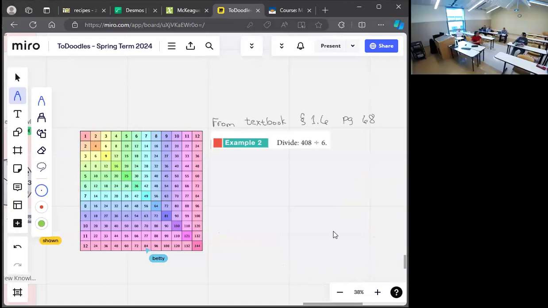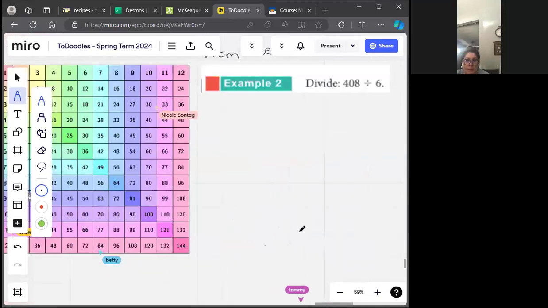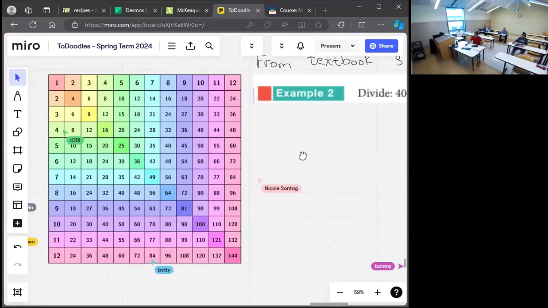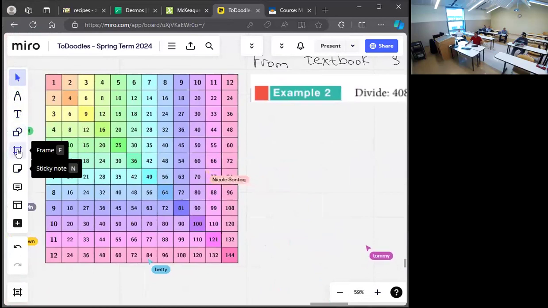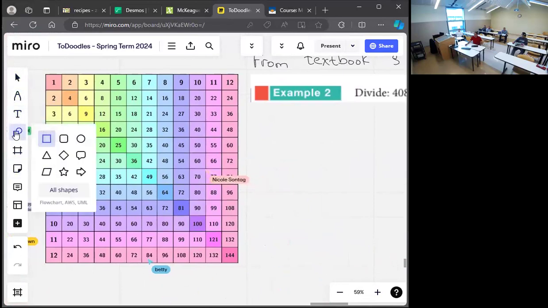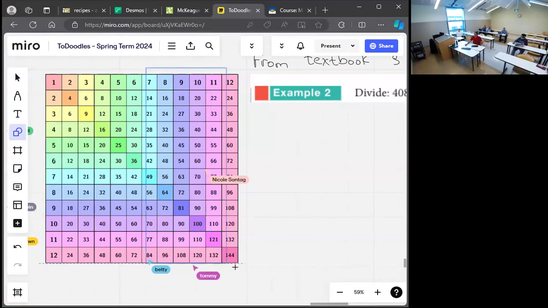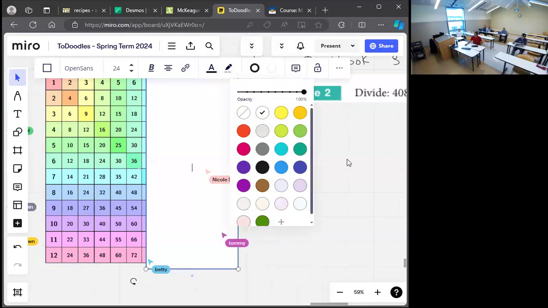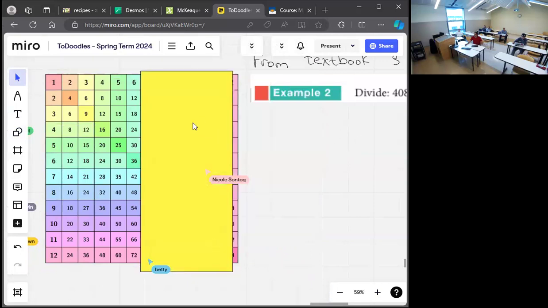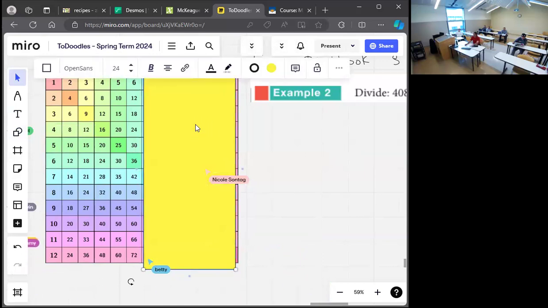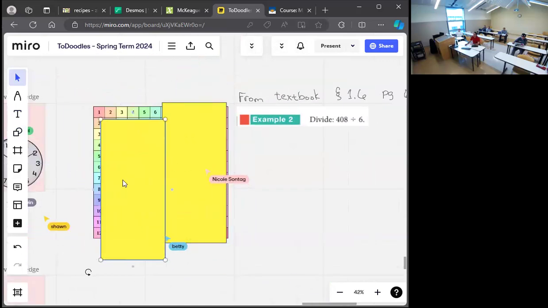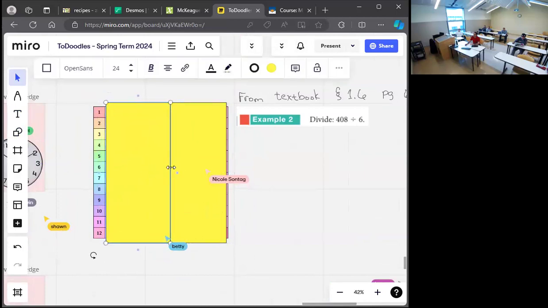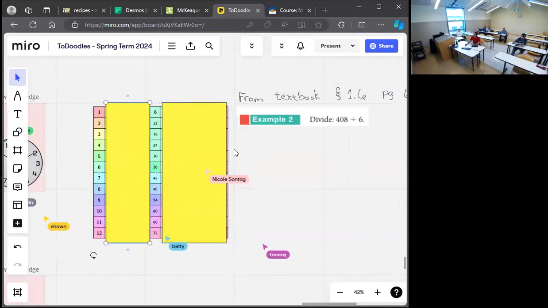So the problem with long division is you have to know your times tables or it doesn't do anything. You just can't go forward. So I'm going to look at the 6 column in the times tables. To make it more obvious where the 6 column is, I'm going to cover up all of those other numbers.